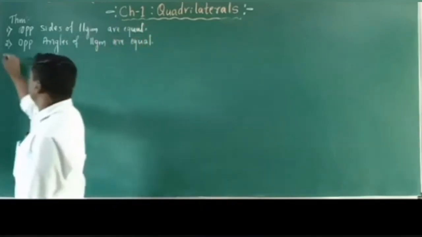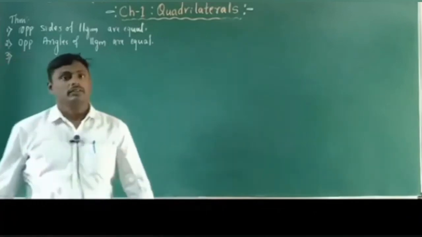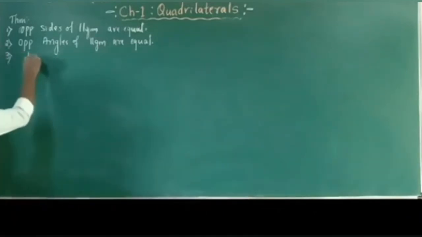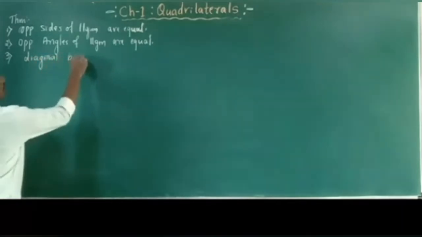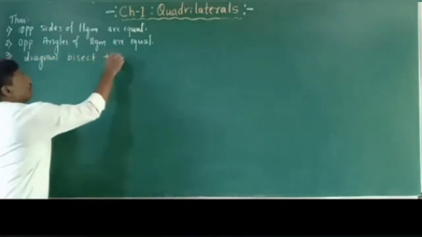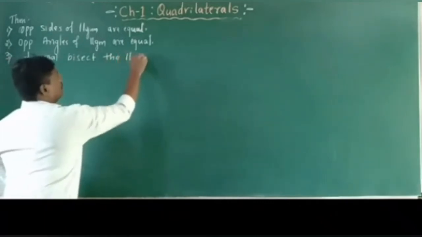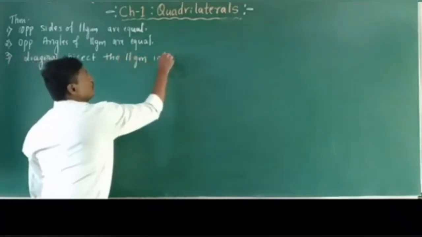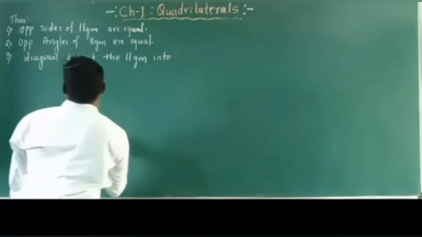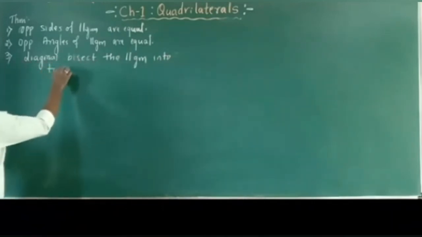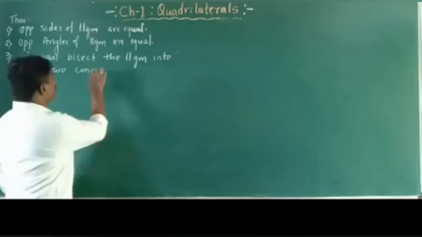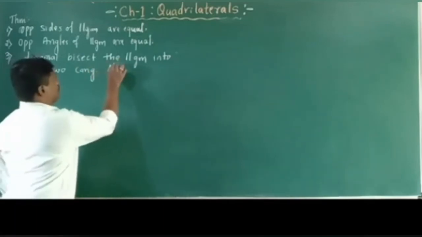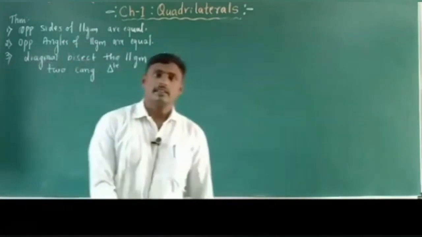Third one: the diagonal bisects the parallelogram into two congruent triangles. So these are the statements.